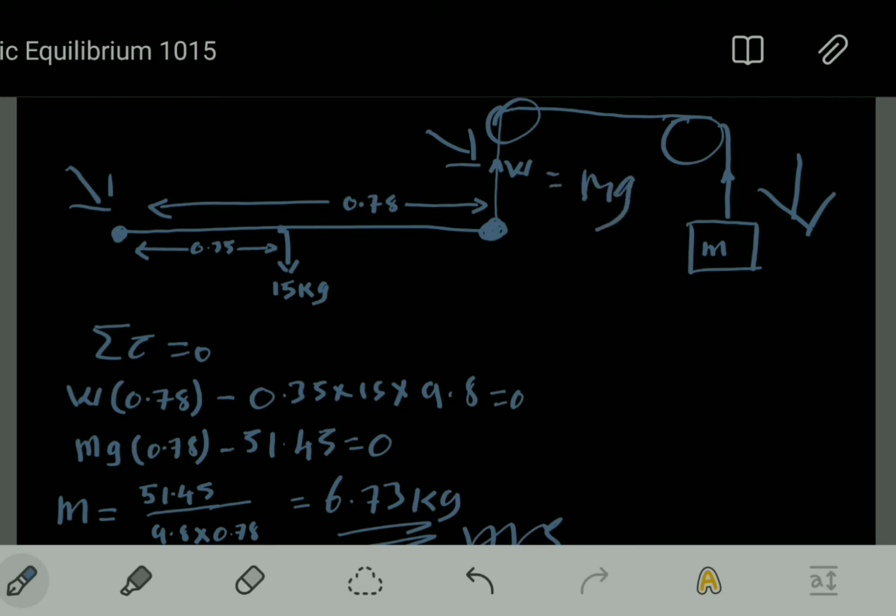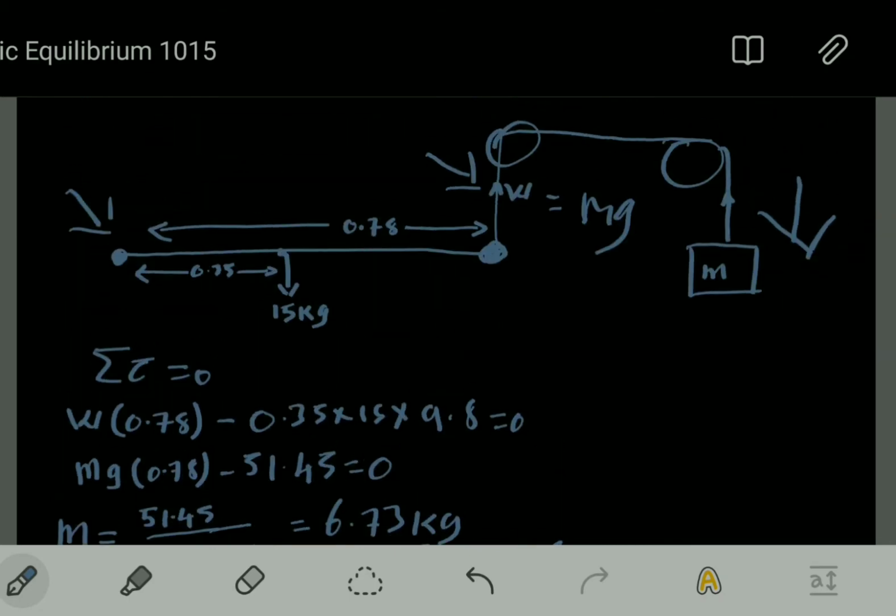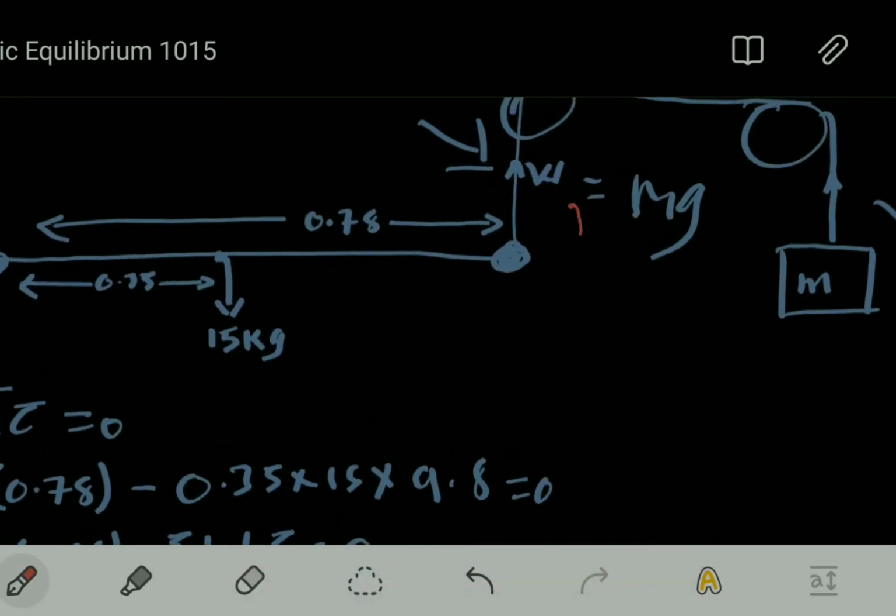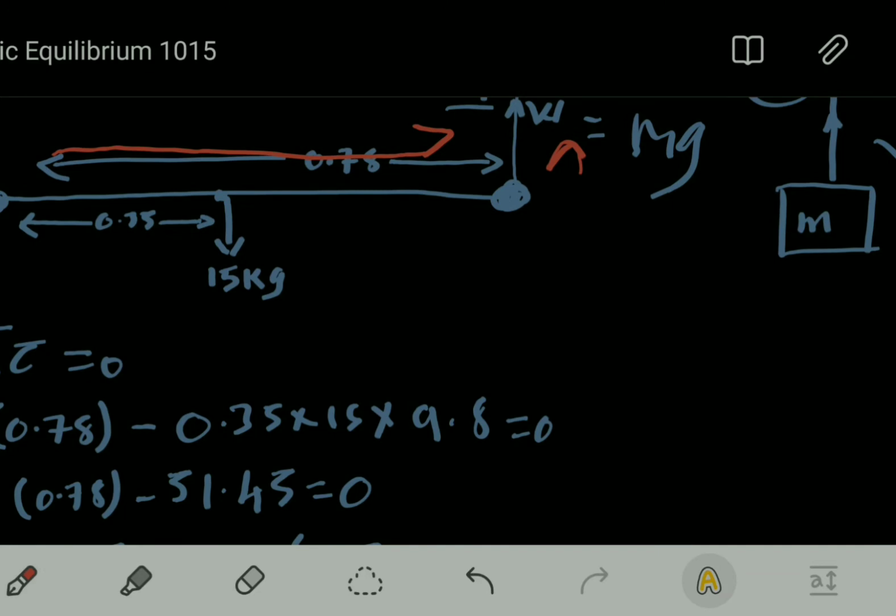So if we are to consider the sum of the torques, notice that this mg, let me just change the color here. This weight W is perpendicular to the distance of 0.78 meters, so it is going to cause an anti-clockwise torque. Therefore, we get the torque from this weight as the weight times the perpendicular distance, which is 0.78.